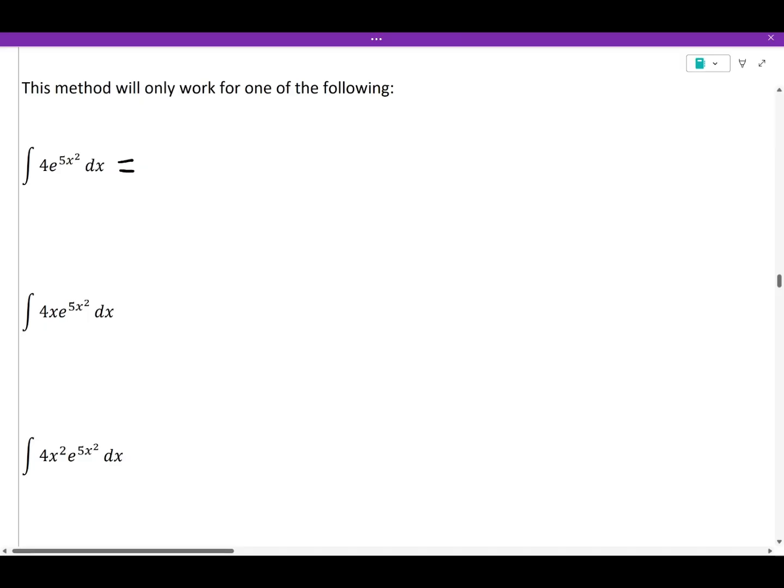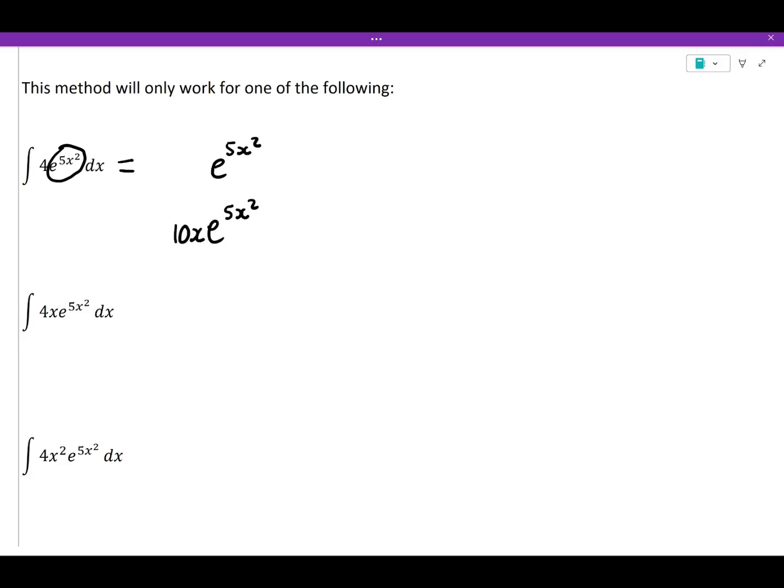So I know in my final answer, we're definitely going to have the e to the power of 5x squared because the base stays the same and then our power stays the same. We're then going to differentiate what I've got here. If we differentiate this, we would have e to the power of 5x squared, but we also have to differentiate our power, which would give me 10x, and then we multiply to get that.